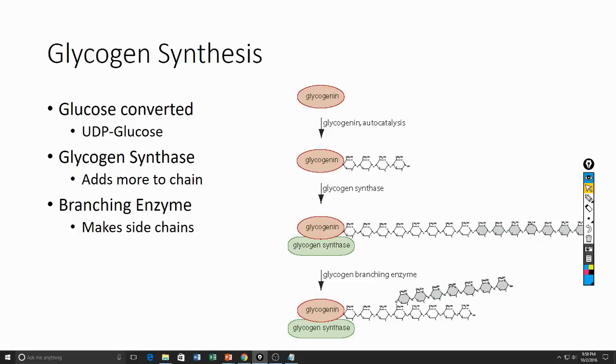So this is how we create glycogen. As I said, glycogen is a really big carbohydrate molecule. It's a polysaccharide, and it starts with glycogenin.